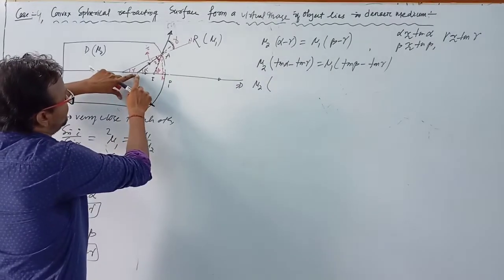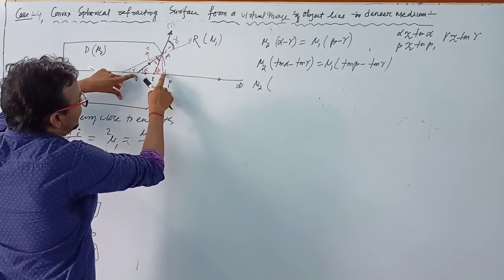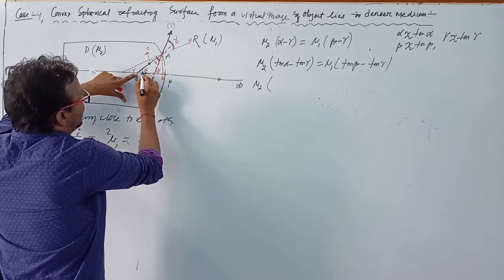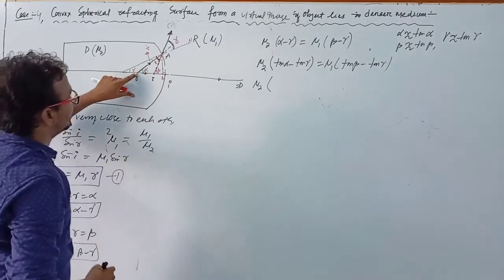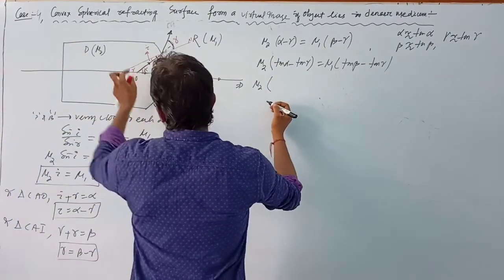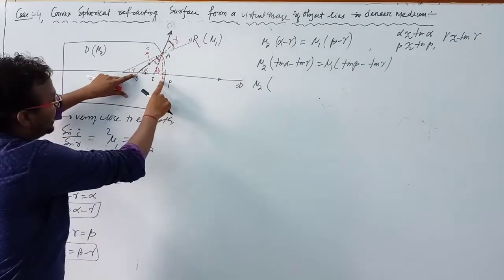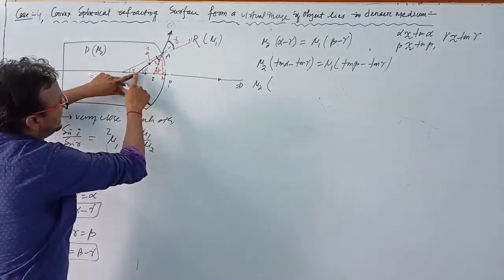Look at this triangle OAB. In right angle triangle OAB, this angle is 90. So tan alpha, this angle is alpha, that means perpendicular upon base. Look at the diagram, triangle OAB.